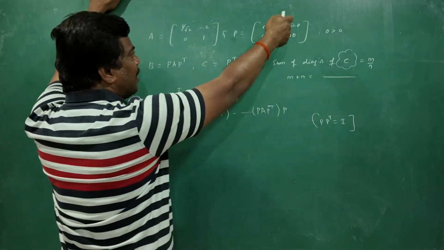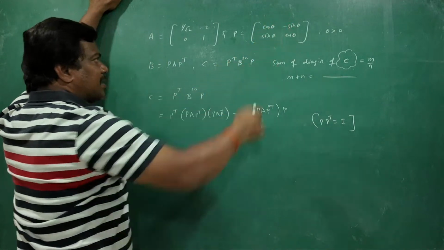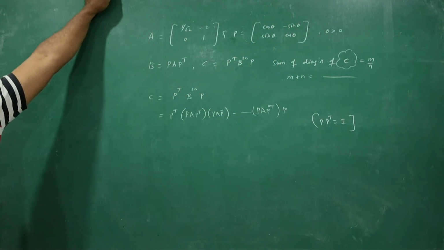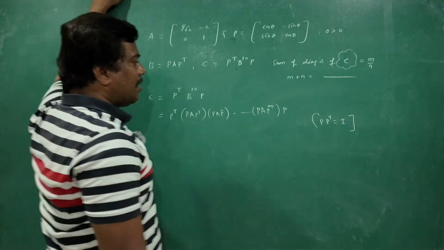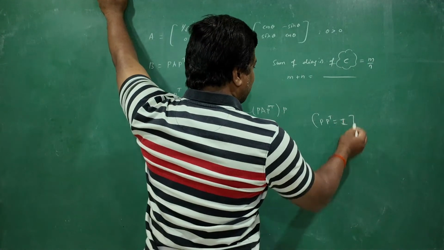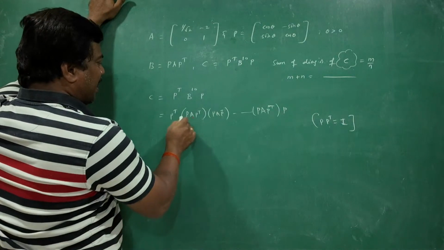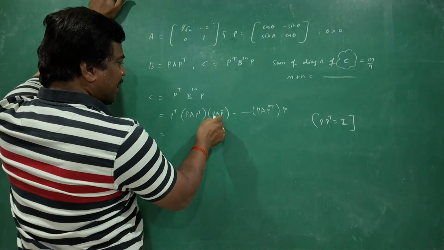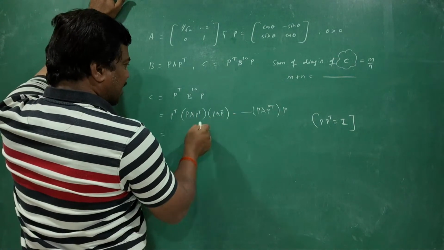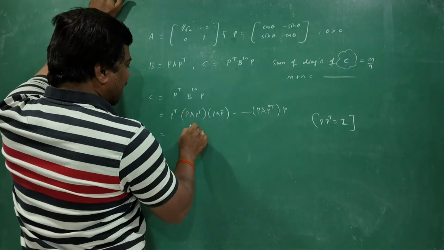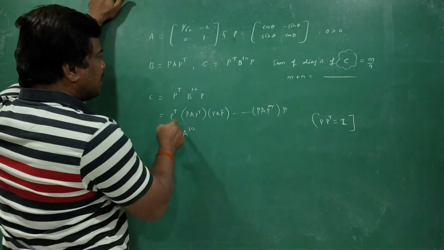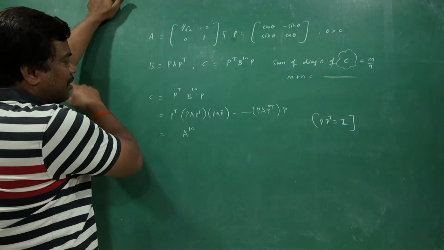Because in P you have cos theta, minus sin theta, cos theta. That is one unit vector clearly. You will get the identity matrix. So P transpose P is I, P transpose P is I, like that only you will get A 10 times. C is nothing but A power 10.